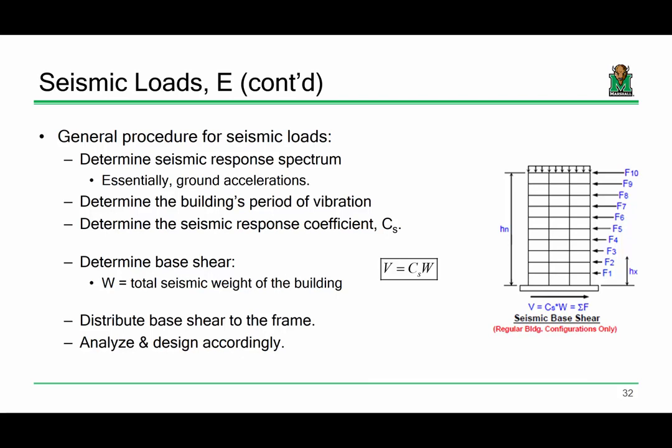The seismic response spectrum here in Huntington is going to be way different than in Los Angeles or what have you. Then we determine the building's period of vibration. Using these two quantities, we determine the seismic response coefficient, which in a roundabout way is how many G's we need to consider.